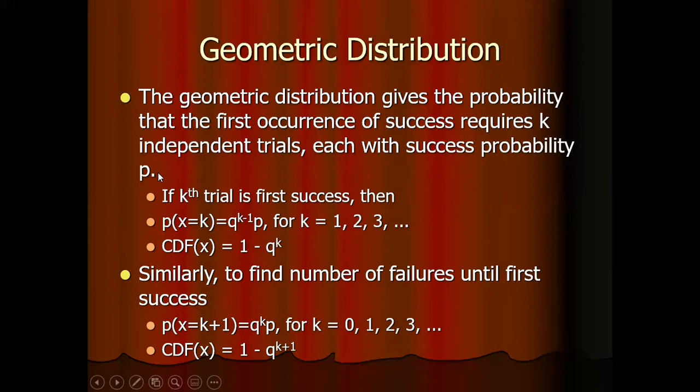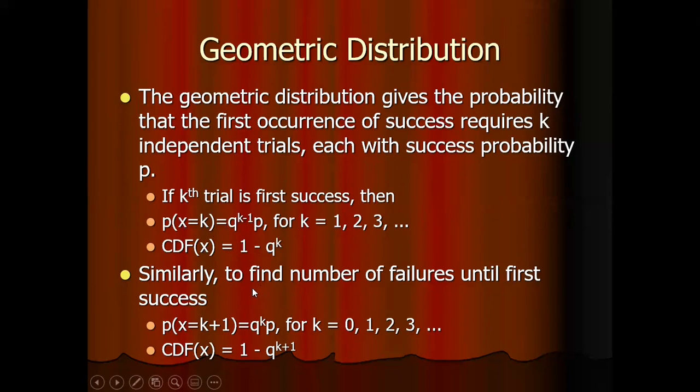So, in a single trial, the probability of success is given as p, and there is first success at the k-th trial. So, that probability is given as q raised to the power k minus 1 multiplied by p, and the cumulative density function is given as 1 minus q raised to the power k.